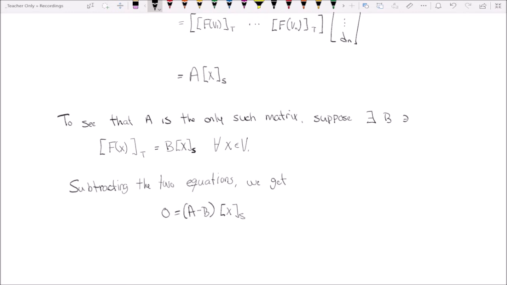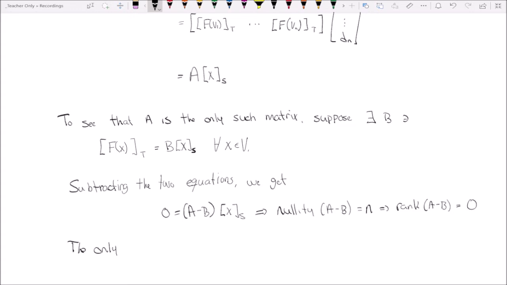Right, but this is true for all n vectors. So this is true for every coordinate vector of x with respect to S. So what we find is the nullity of A minus B has to equal n. And so the rank has to equal 0.